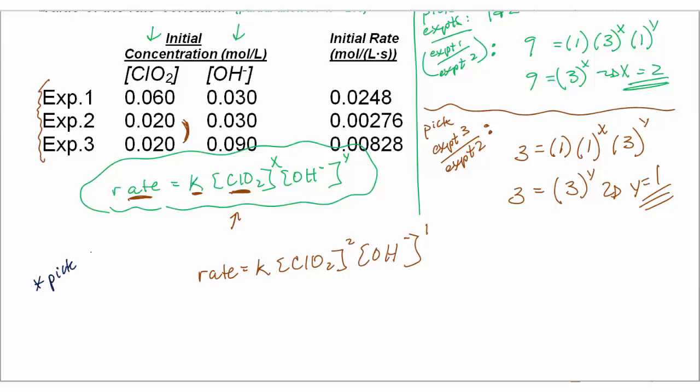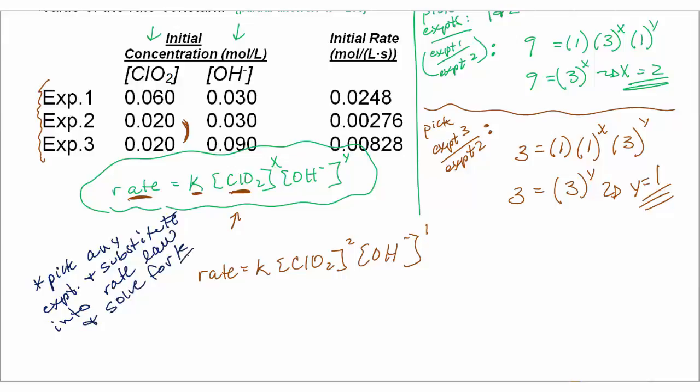So that means pick any experiment and substitute that data into the rate law to get K. Pick any experiment and substitute into the rate law and solve for K. Okay, that's the game plan.